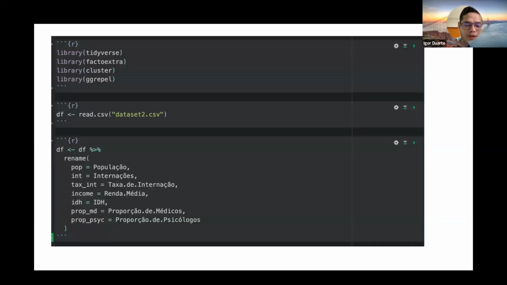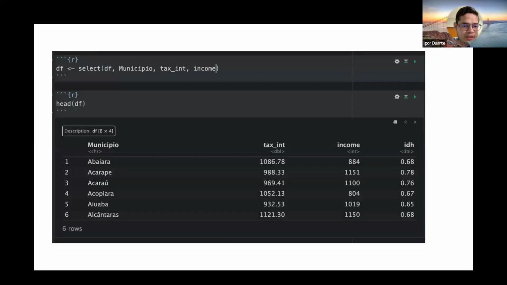So the first step in cluster analysis, after preprocessing the data, is to scale the variables to the same scale. Here I just imported the data set and used some libraries in R. After this, I selected just three columns to show the example here: the city variable, the hospitalization rate variable, and the average income.